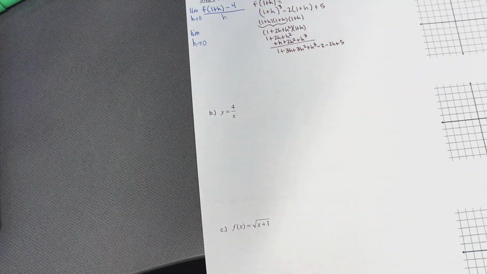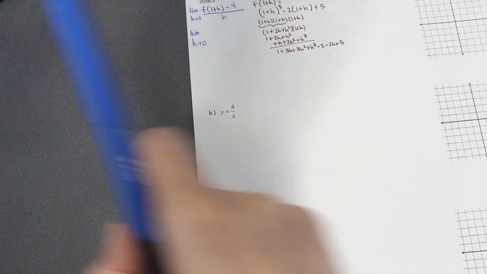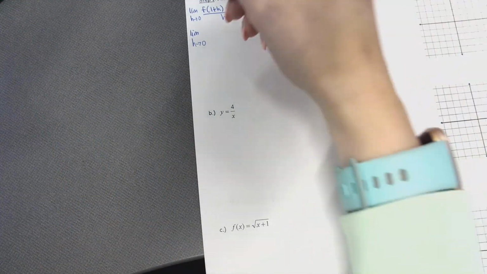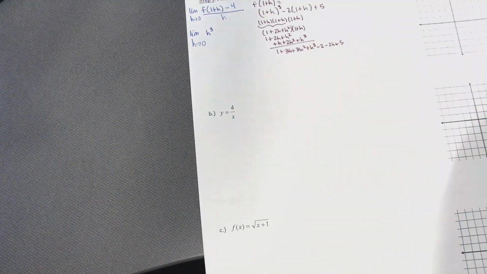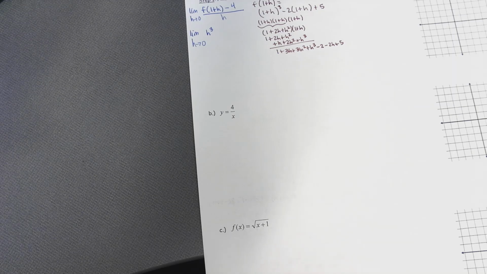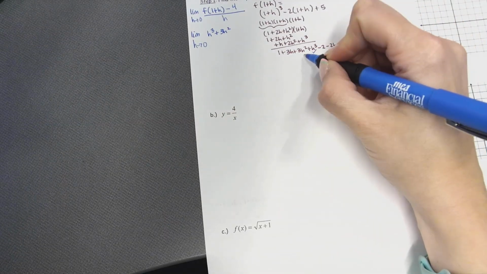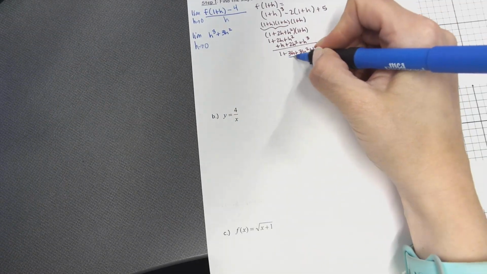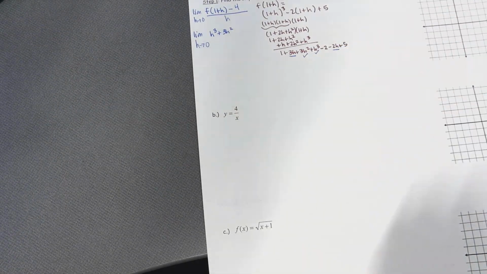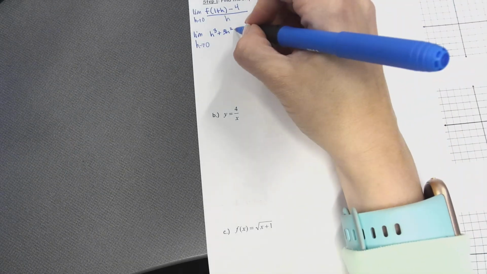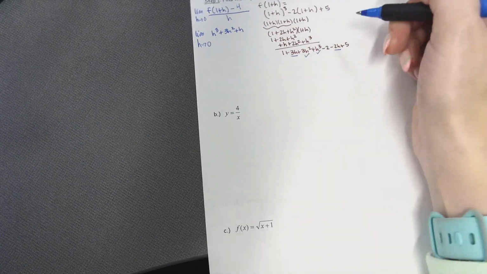All right, so then let's combine our like terms when we plug it back in. So we only have h to the third, and then h squared. How many h squareds do we have? 3. Sometimes I'll do like a little check. And then we have 3h minus 2h plus h.